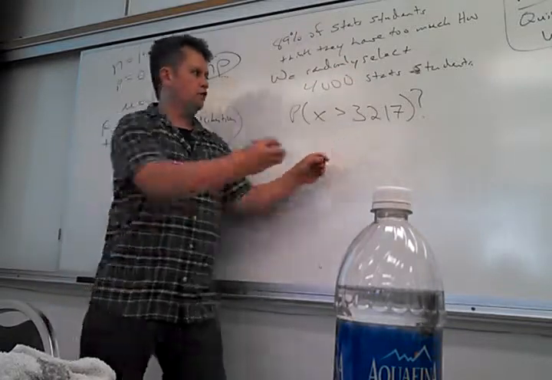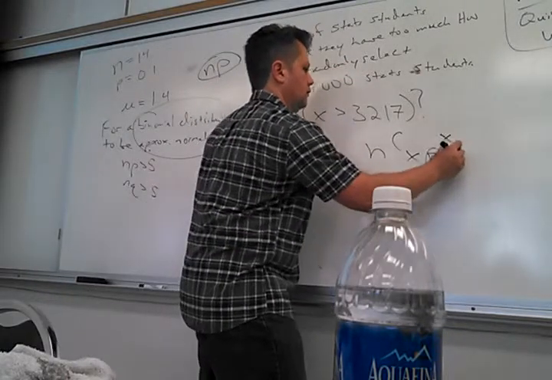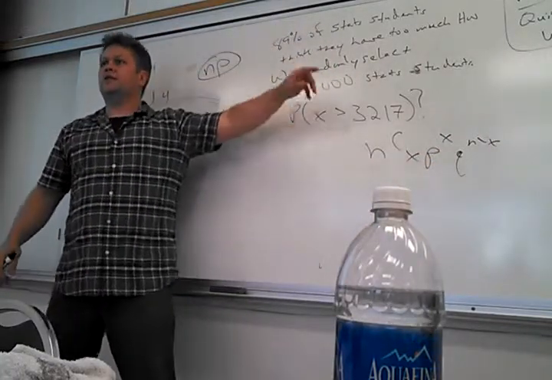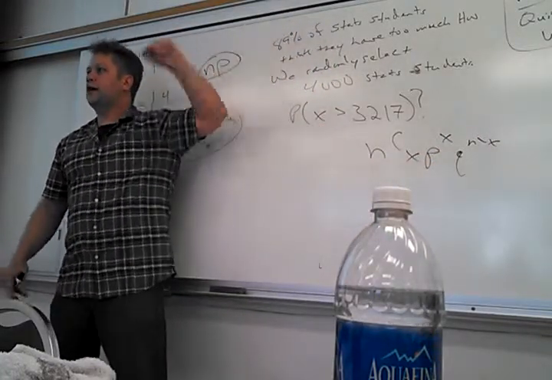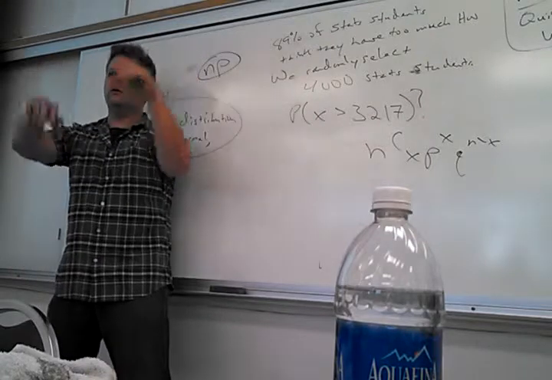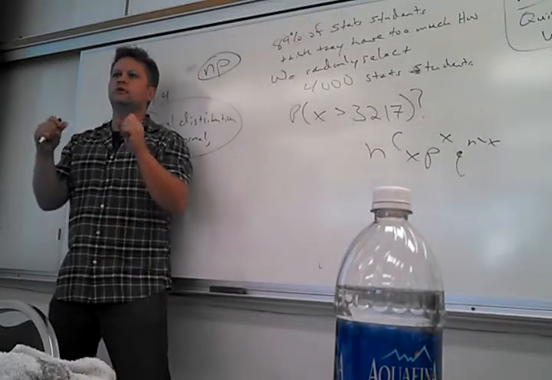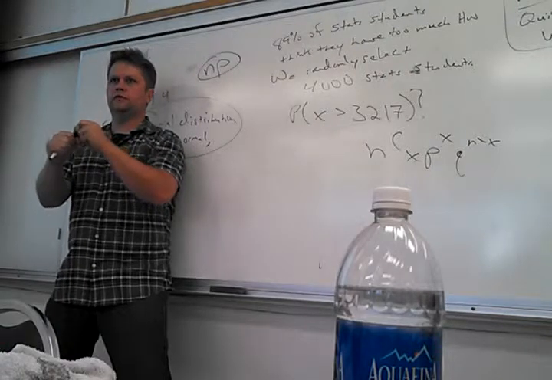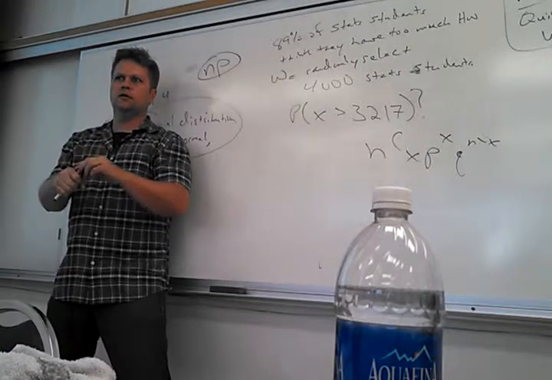How many times do you have to do this formula then? You have to do it for 3,218, 3,219, 3,220, all the way to 4,000. So over 700 times. Holy crap. Thank you, Jeff. You guys with me? Okay, cool.